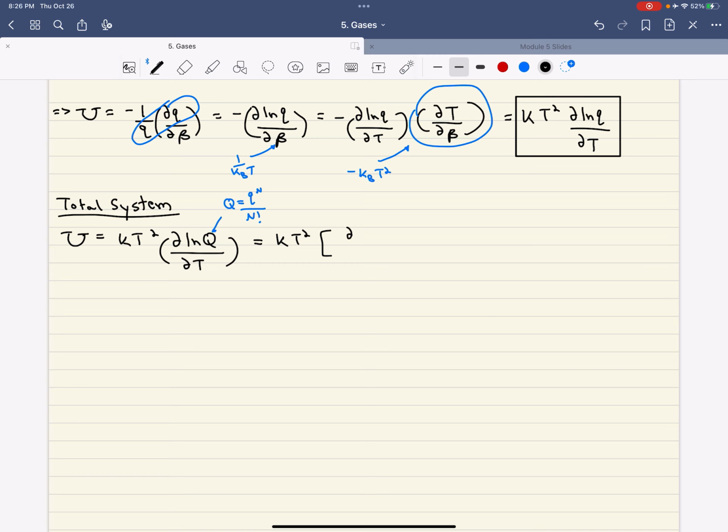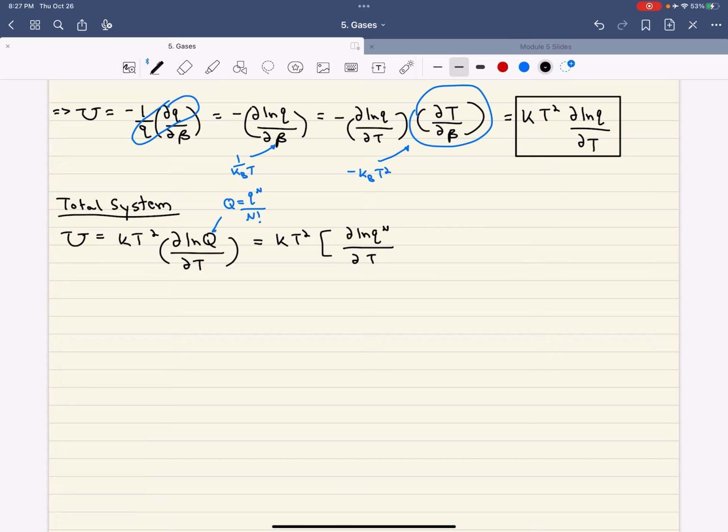So we're going to get d ln of qN divided by N factorial there. And when we take that first derivative, the N factorial will cancel.